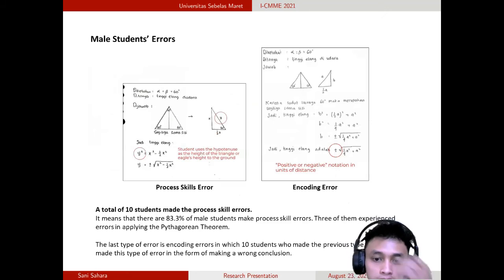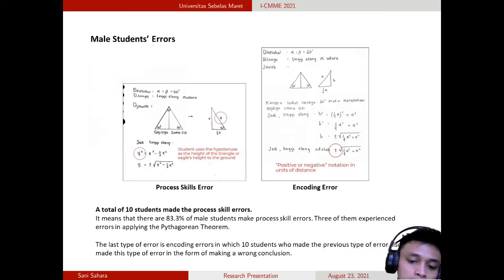Still in the male student errors, the next are the process skill error and encoding error. We found a total of 10 students made process skill errors. It means that 83.3% of male students make process skill errors. 3 of them experienced error in applying the Pythagorean theorem.